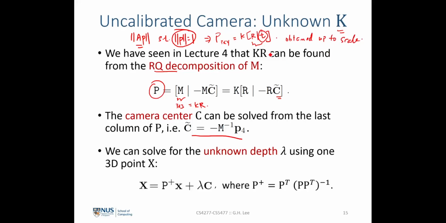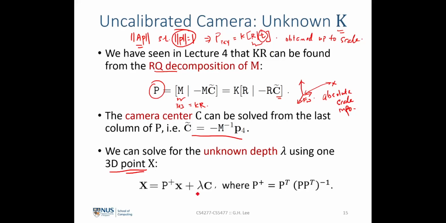That means that we do not know the scale of the translation vector, and fortunately we are given the 3D points X. So for each 3D point, we know its exact location away from the world frame over here. And what this means is that the 3D point gives us the absolute scale information, which can be used to recover the scale of the translation vector over here.